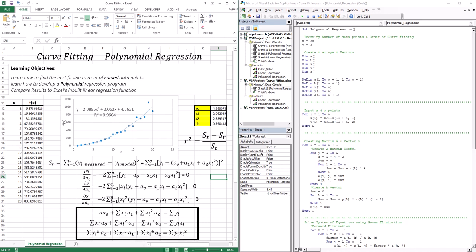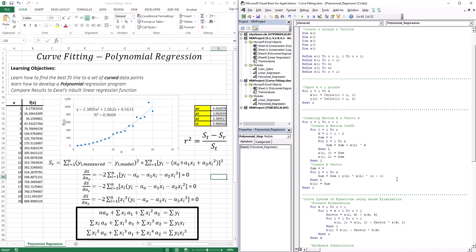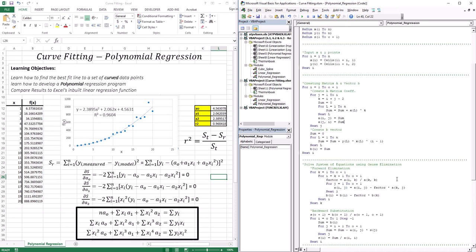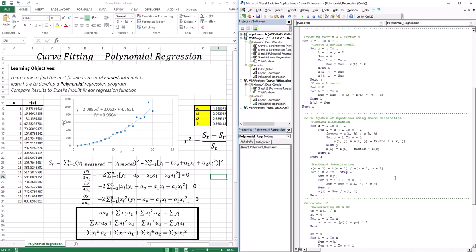We have the sum of all the x's, the sum of xi squared, xi cubed, and xi fourth, and those three sums on the right hand side. Given that I have those, we can apply any system of equation solving technique like Gauss elimination, Gauss-Jordan, or LU decomposition to find the associated solutions A0, A1, and A2.